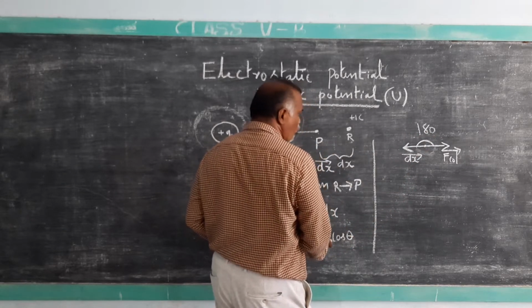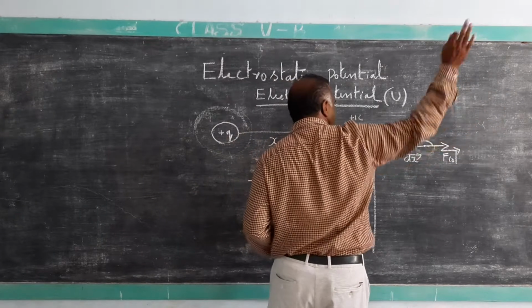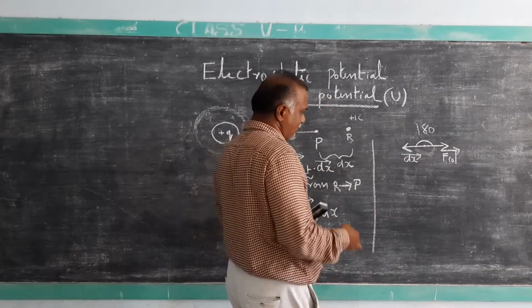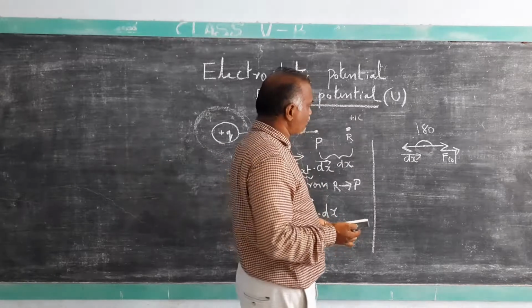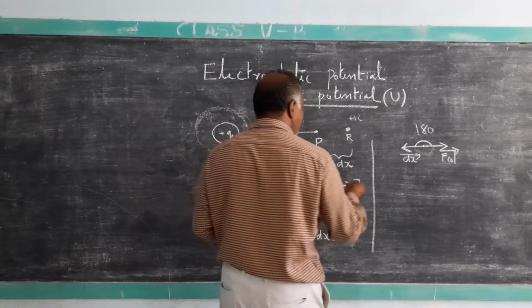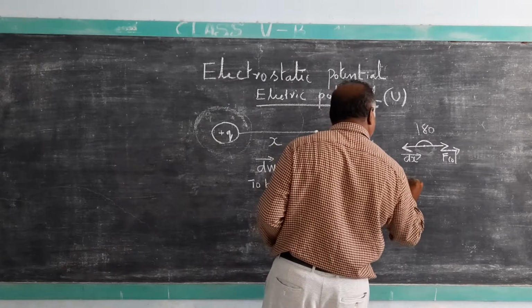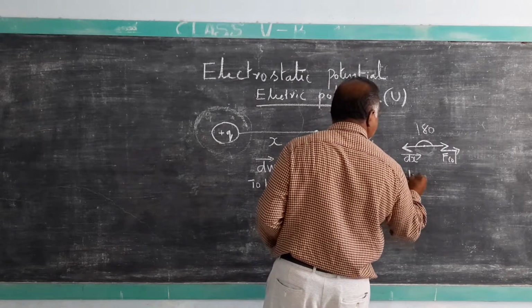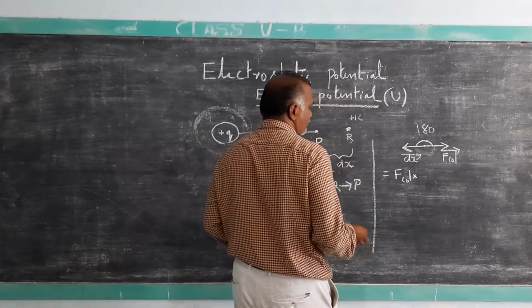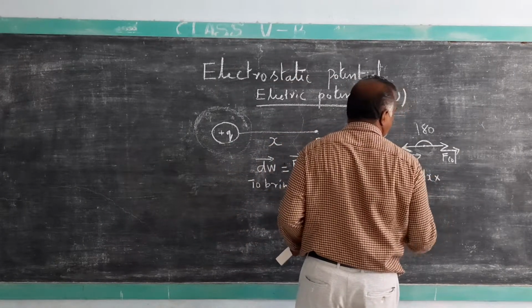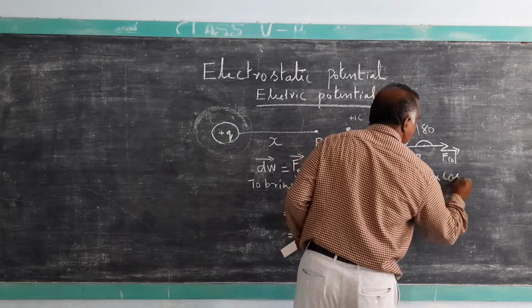Angle between F Coulomb and dx: this is F Coulomb in this direction, and dx is in the opposite direction. So 180 is the angle. So I can write F Coulomb into dx into cos 180.